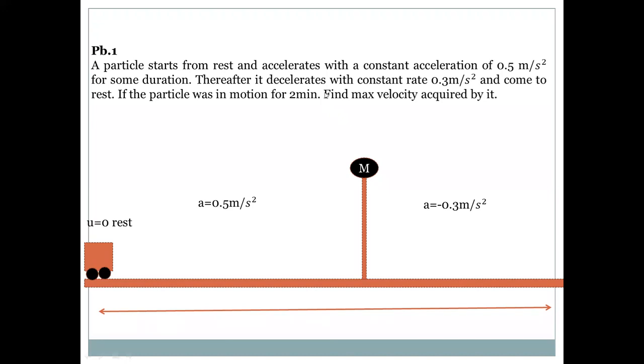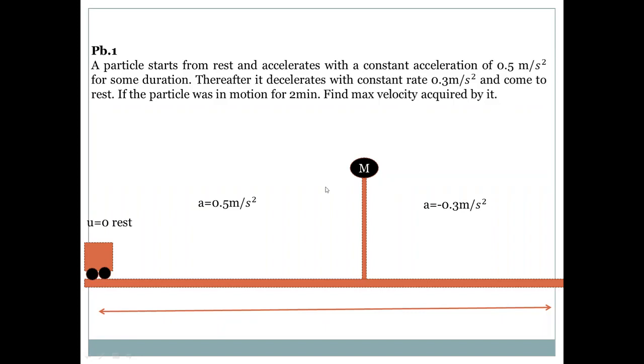Thereafter, it decelerates, which means negative acceleration, at a constant rate of 0.3 meter per second square, and finally comes to rest. If the particle was in motion for 2 minutes, find the maximum velocity acquired by it.